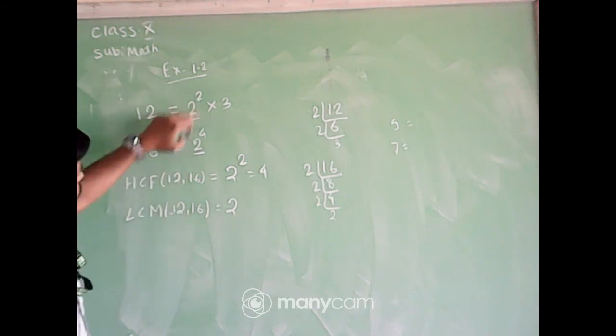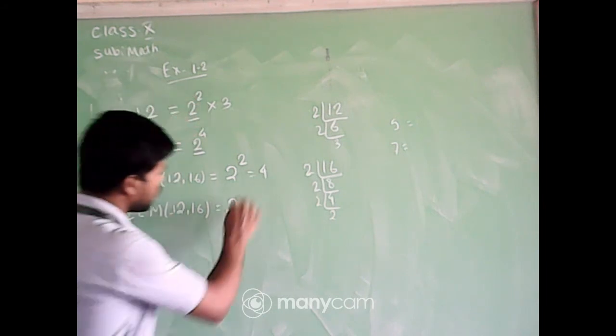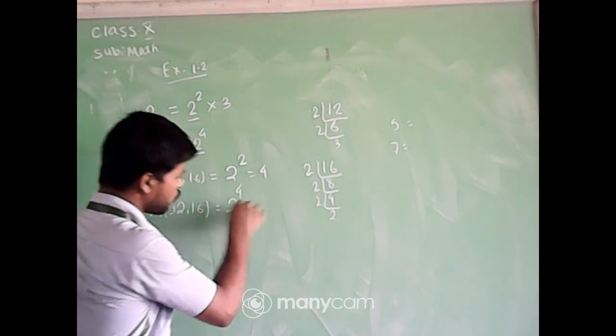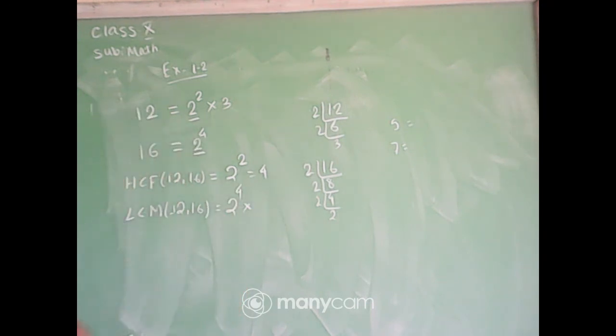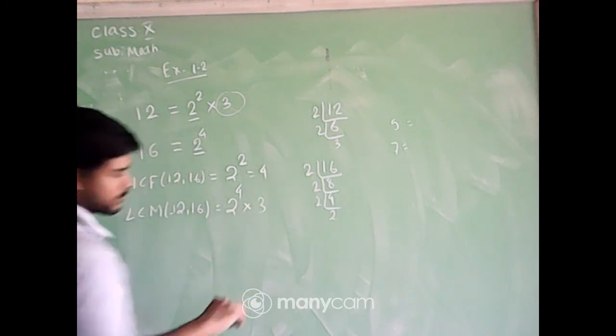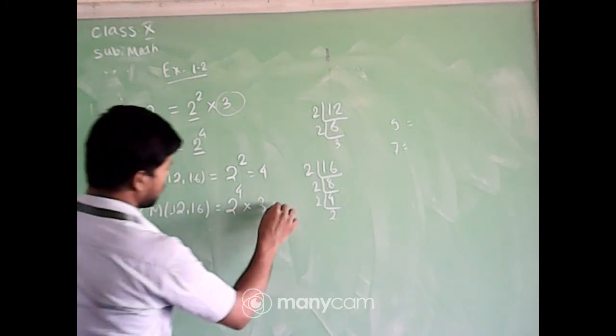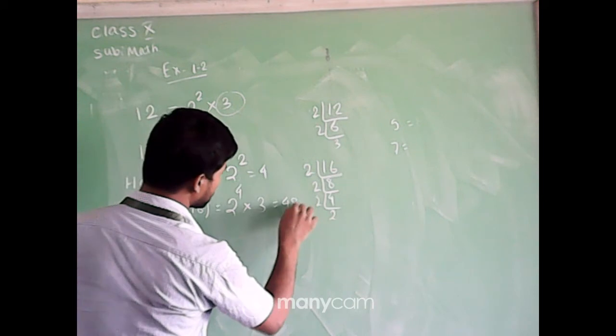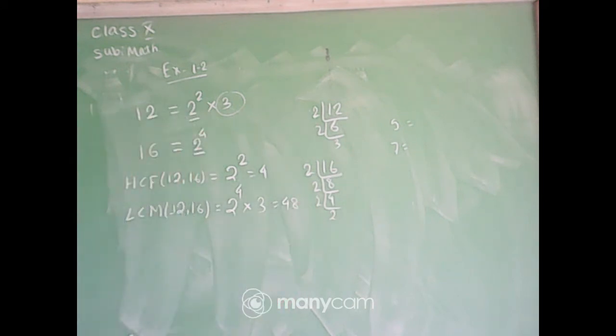So here the maximum between 4 and 2 is 4, into, write all the terms which are not written yet. So this 3 is not written yet, so write 3 here. Okay, so now multiply this, so that is equal to 48.